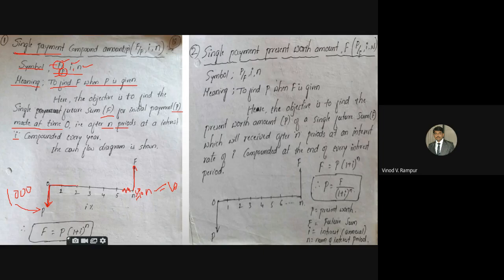After 10 years, how much amount I am getting, that is the F value. I'm going to find it at an interest rate of 6%.